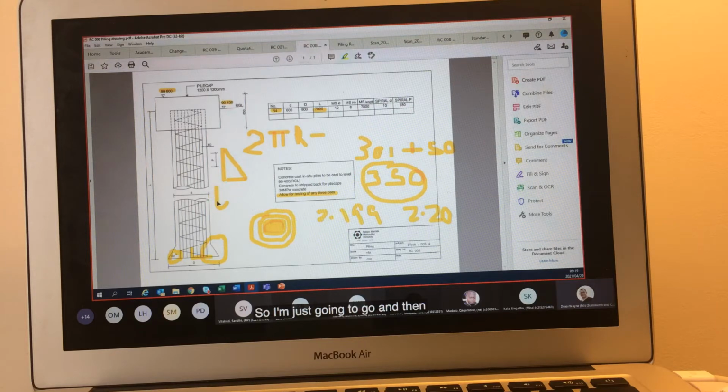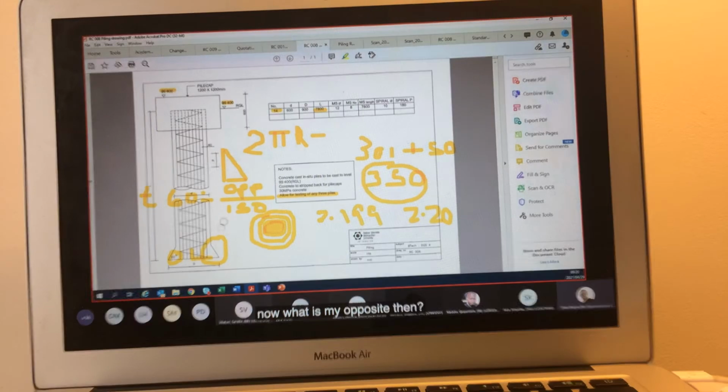So I'm just going to do this, and I say that the tan of 60 equals my opposite over 150.